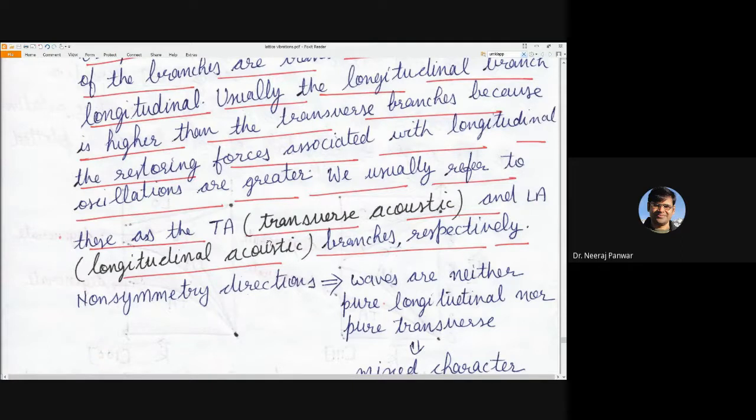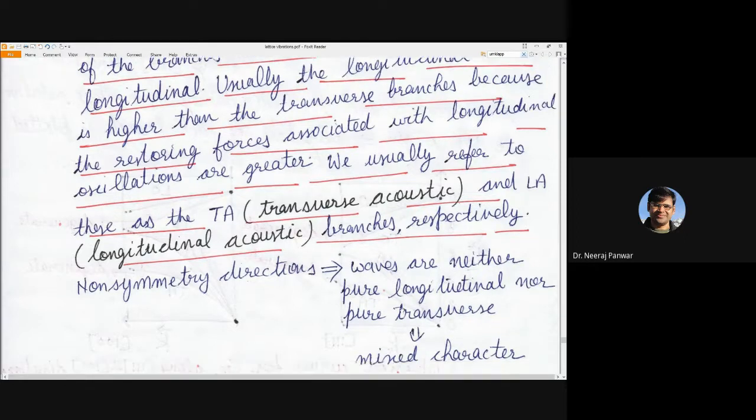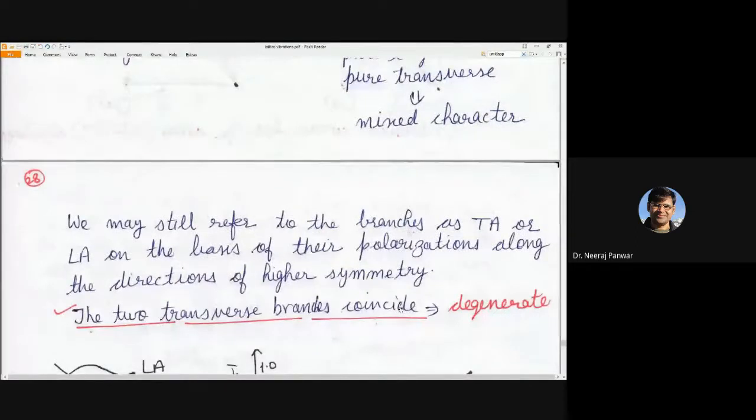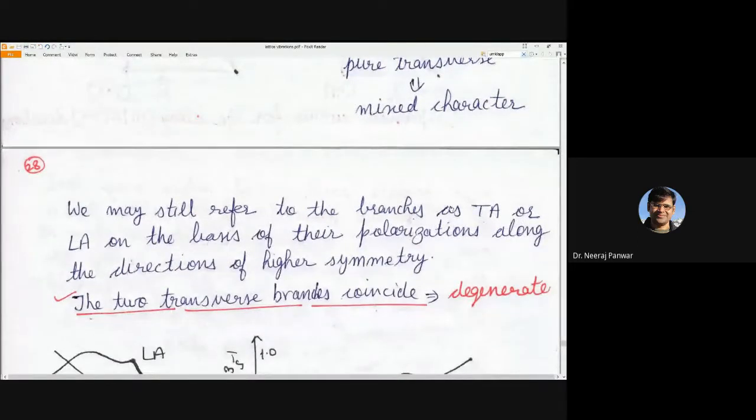But when we are studying the dispersion relation along non-symmetric directions or points which have lower symmetry, waves will be neither purely longitudinal nor purely transverse. It will be a mixture of both. But still we may refer to the branches as TA or LA on the basis of their polarization along the direction of higher symmetry.